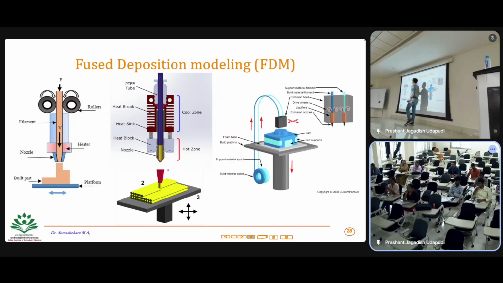Most of the issues when it comes to material extrusion are that the nozzle will clog, right? If you see the 3D printer at your office or lab, most of the time clogging will happen, because you may not have enough heat transfer through the nozzle.